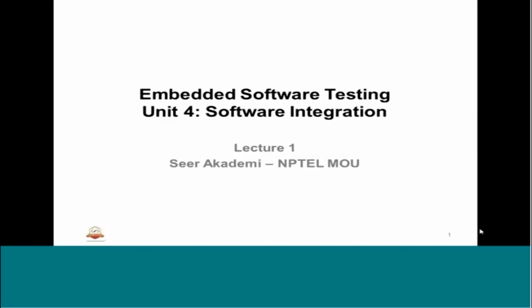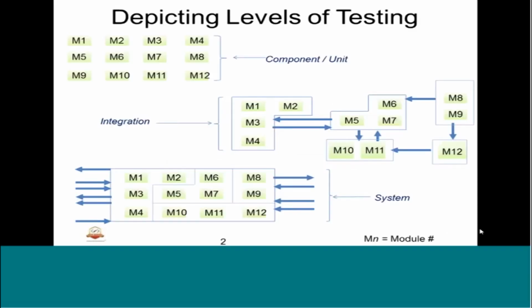That was on integration. We know that 3 levels of testing we can do: component, integration, and system. So basically, we do individual components, and those are under test when we do the unit testing.